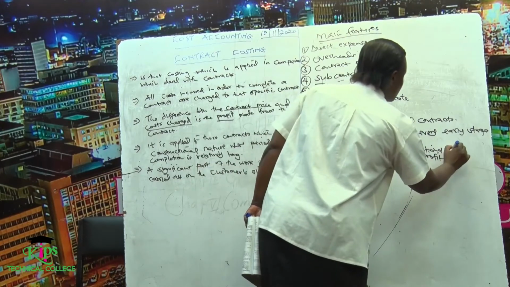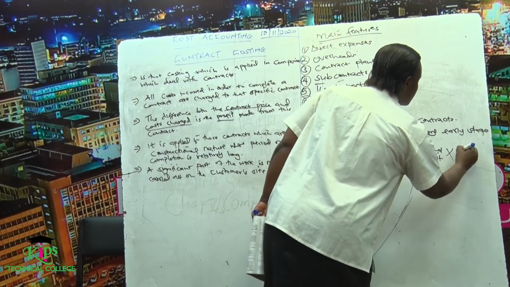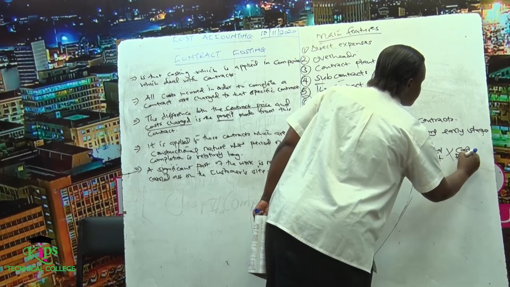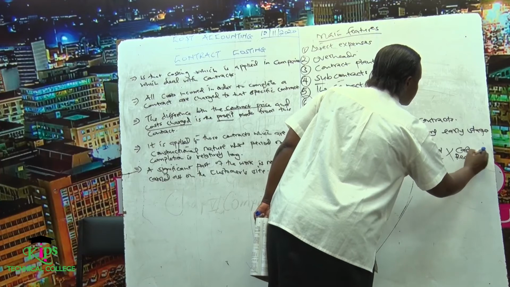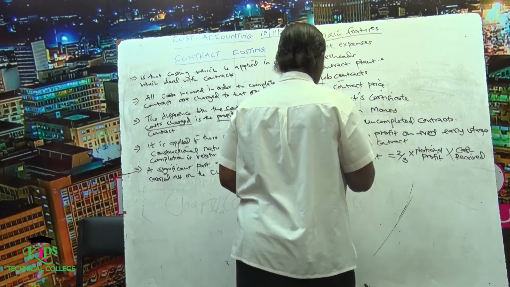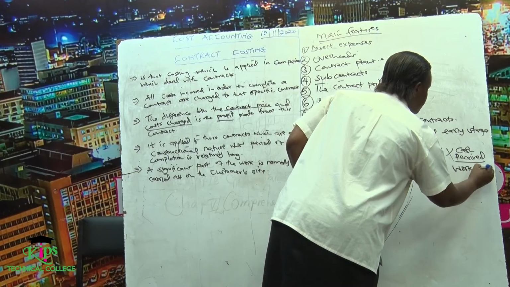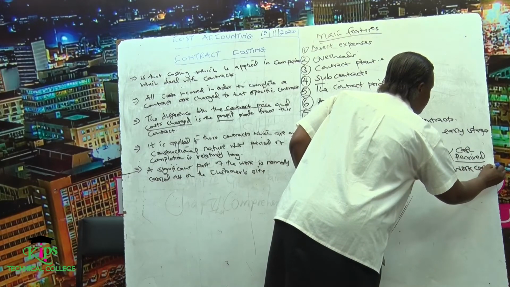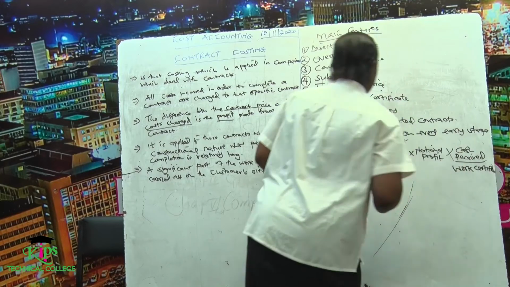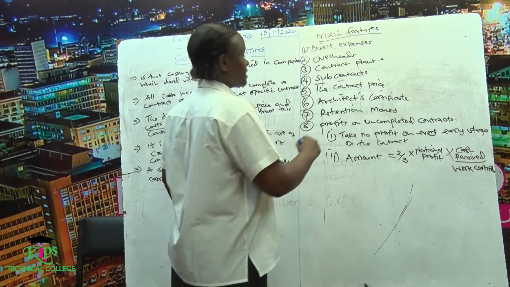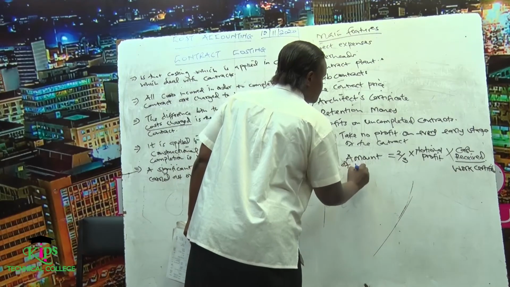Then you multiply with the cash which you have already received over the work certified. That's the formula of getting the amount of profit to be taken.